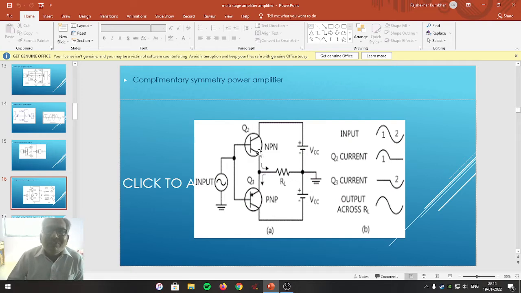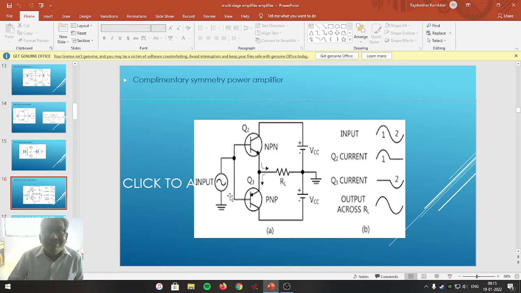Emitters of both the transistors are connected to each other as usual, as in the push-pull power amplifier. Also, the bases of both the transistors are connected to each other. This is not in the push-pull power amplifier. Means both the bases of transistors Q2 and Q3 are connected with each other, and also both emitters are connected with each other.